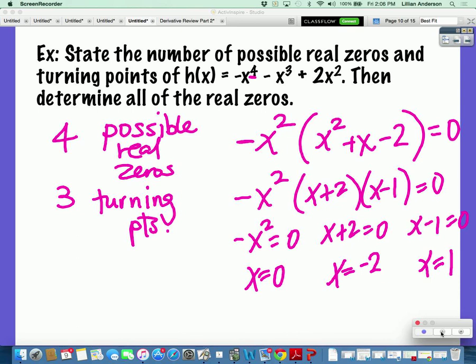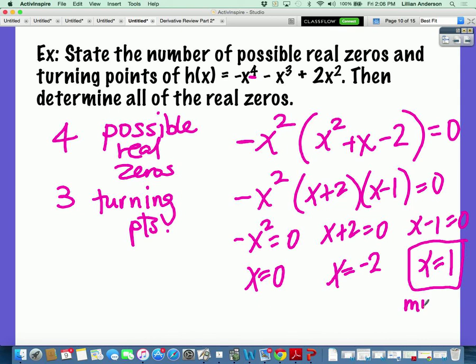So, here are your zeros. Now realize, x equals 1. It only showed up one time, correct? That means it had a multiplicity of 1. Over here, x equals negative 2. It had a multiplicity of 1.